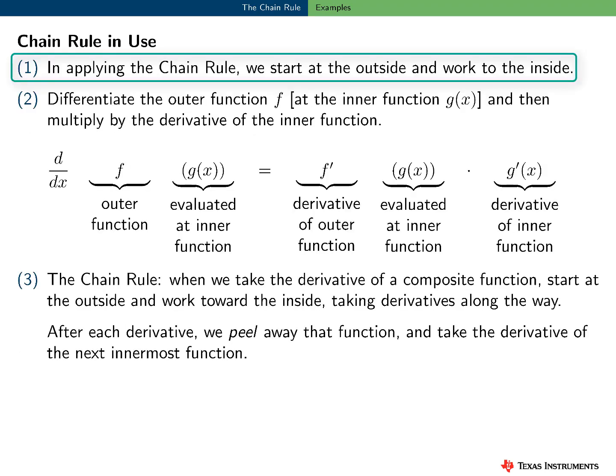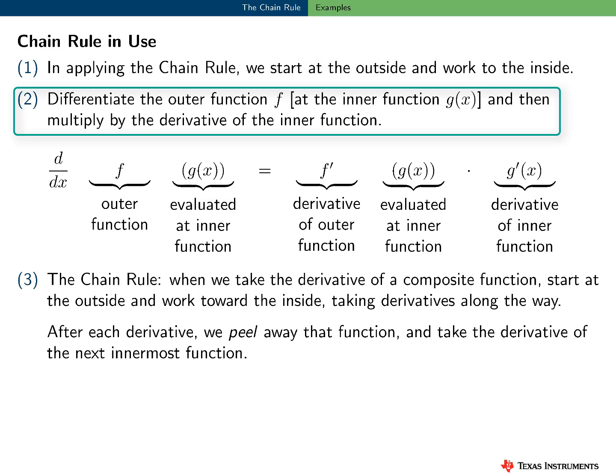The chain rule certainly helps us find derivatives of complicated composite functions, but we also have to be able to use the chain rule very efficiently. And a way to think about this in applying the chain rule is that we start by taking derivatives at the outside and we work our way inside. The chain rule says that we take the derivative of the outer function evaluated at the inner function, and then we multiply by the derivative of the inner function.